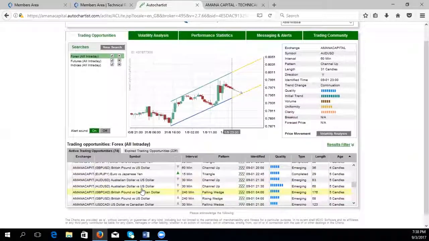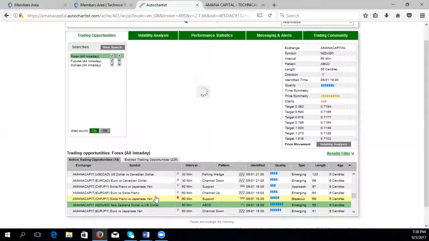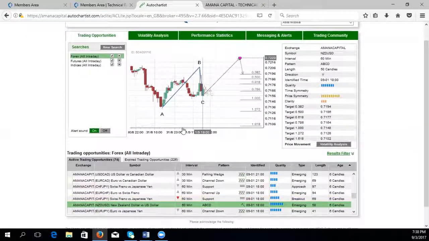Let's take another one. Let's take New Zealand dollar. Okay, this is a different pattern to the ABCD pattern on the 1 hour chart, and that suggests that the price may go all the way up to 0.7223, and then may retrace to 0.7196.